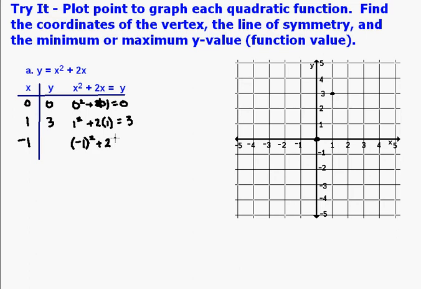Then you have plus 2 times negative 1, which is negative 2. Negative 2 plus 1 is negative 1. So I have negative 1, negative 1. There's a point there.